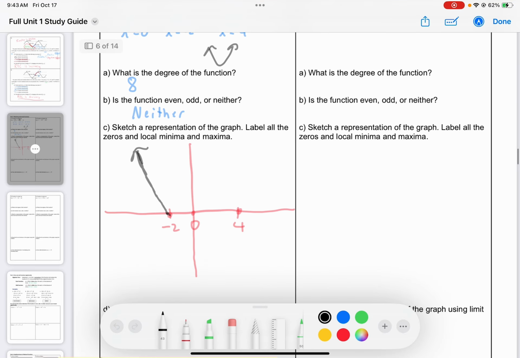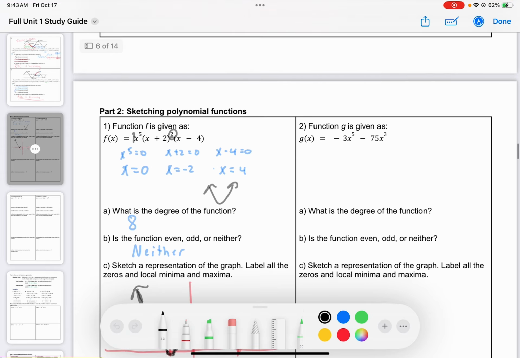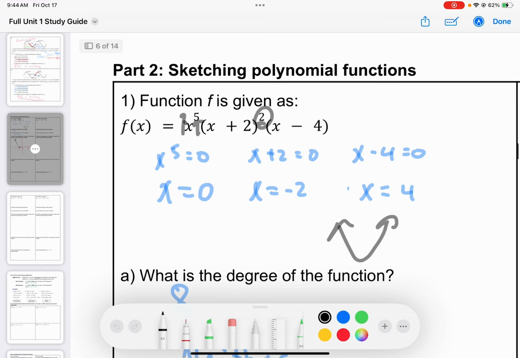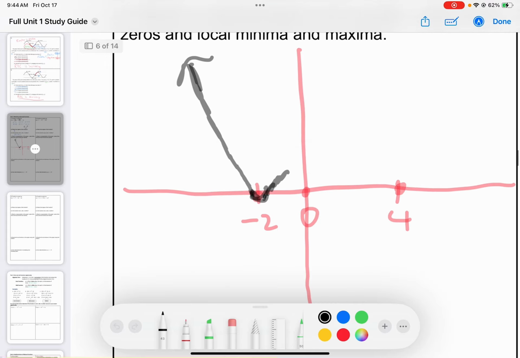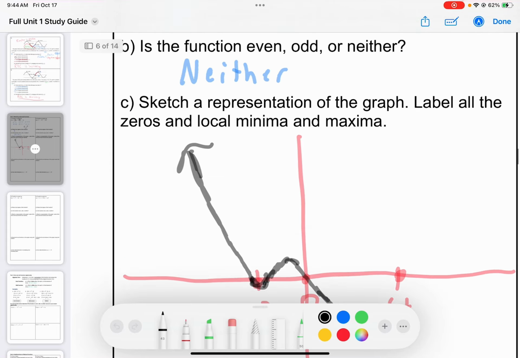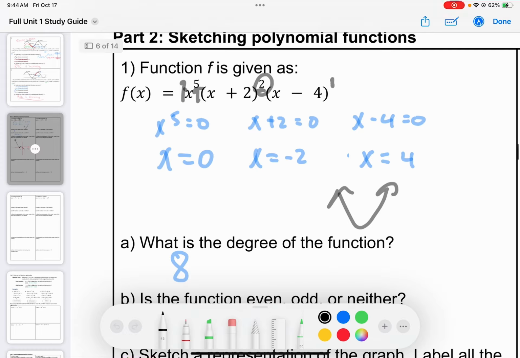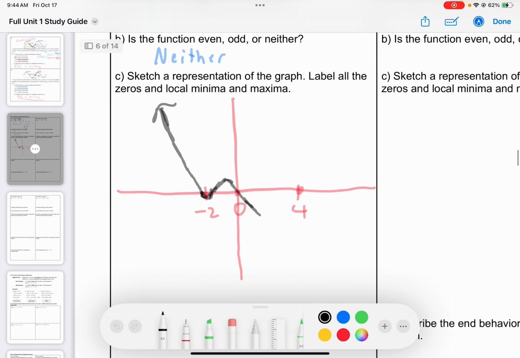So I'm going to bounce right off of that guy. If it's even, you bounce off. If it's odd, you go through. 0, well, the degree for that factor is 5, so I'm going to go right through that. And then 4, that's a degree of 1. I'm also going to go right through that. And then I head off forever.